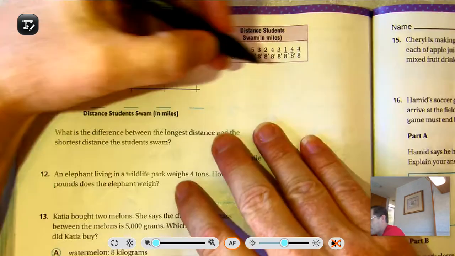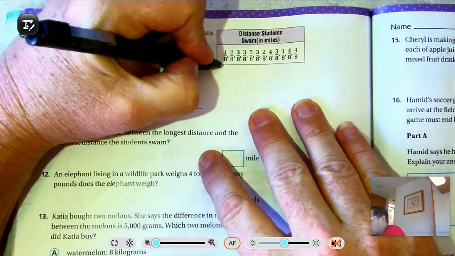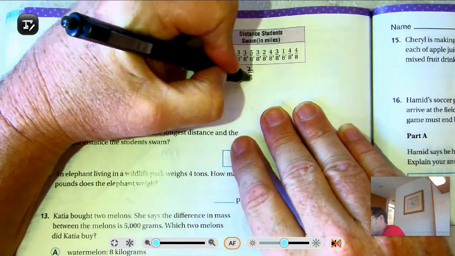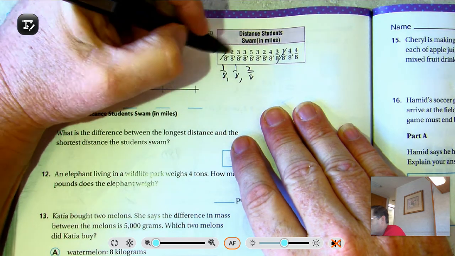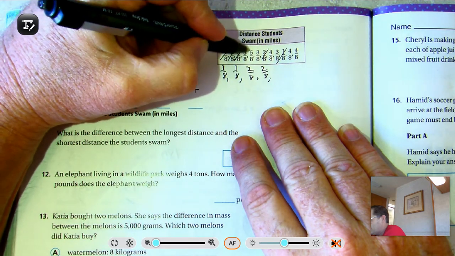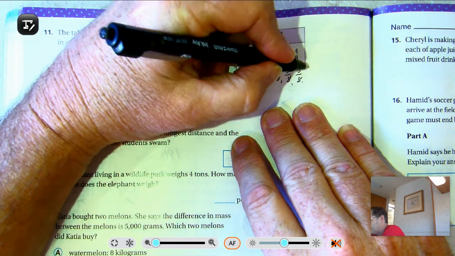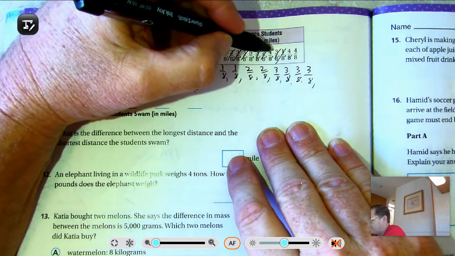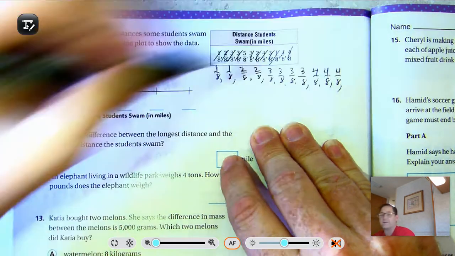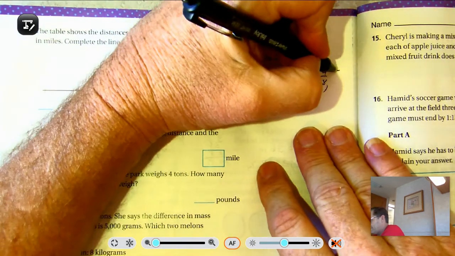Okay, so we're still going to put these in number order. 1/8 is the smallest, and I see 2 of 1/8, then 2/8, 3/8, 4/8, 3 of 4/8, and I only have one left, and that's 5/8.